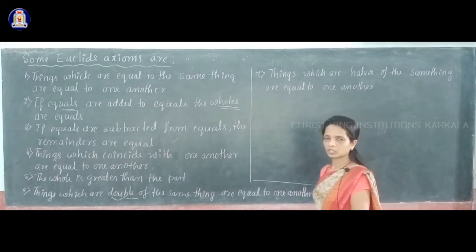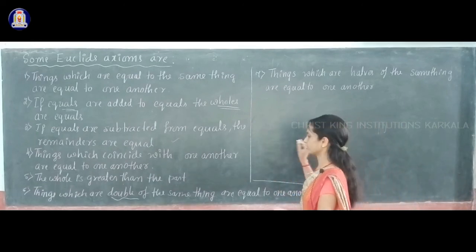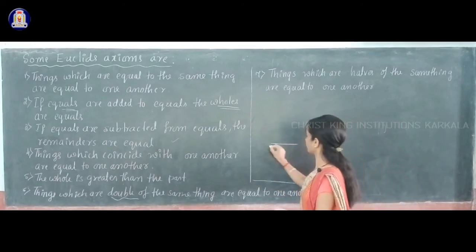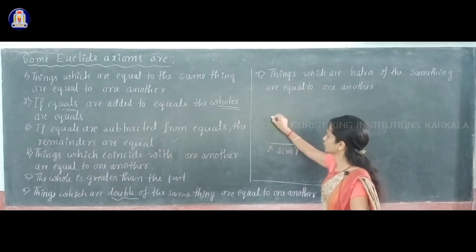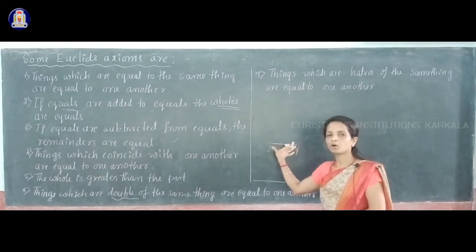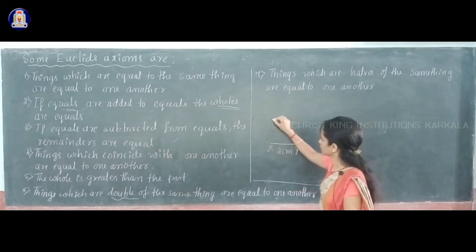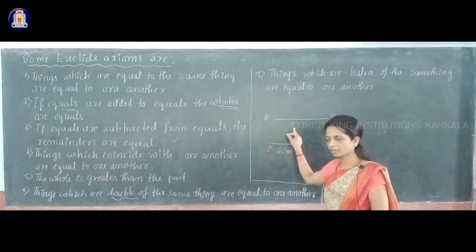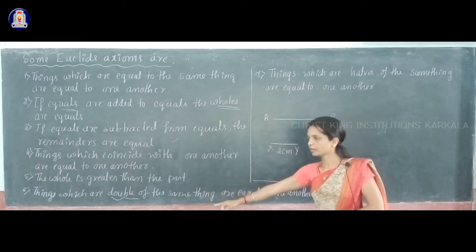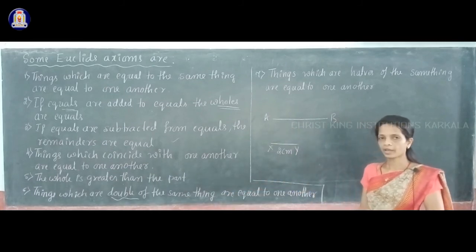We can say that the two things are equal to one another. Now I'll take one line segment XY which is of length 2 centimeter. Now you take a line segment AB which is double of this line segment. So now draw one line segment AB. This is a rough figure, not an exact figure, just to explain the sixth axiom.